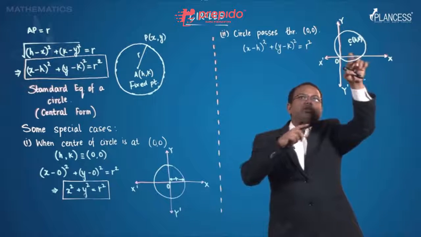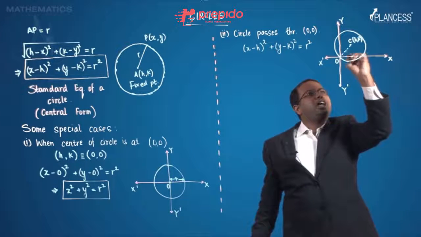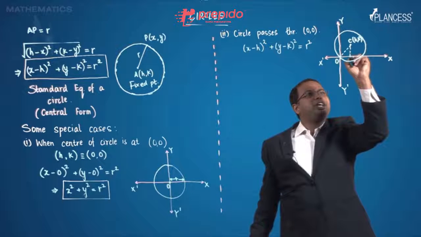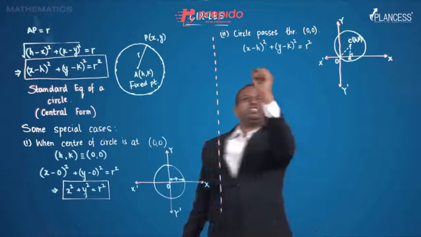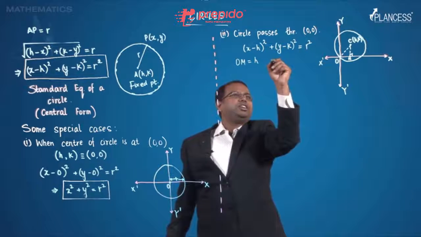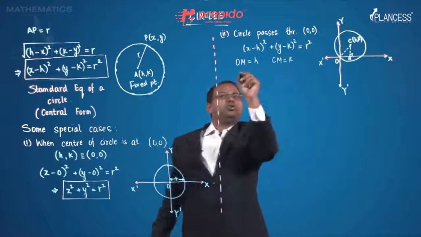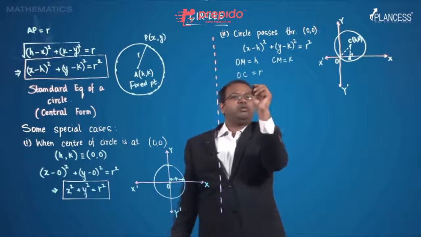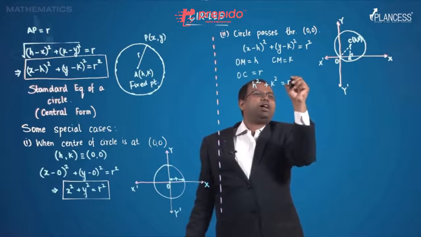Now in order to see what happens here, let me just join the origin and the center, and from center let me draw a line which is perpendicular to the x-axis. We call this point, let us say, M. So the distance OM is nothing but h, and the distance CM is nothing but k, and OC is nothing but r. So clearly by using Pythagoras theorem we have h square plus k square is equal to r square.